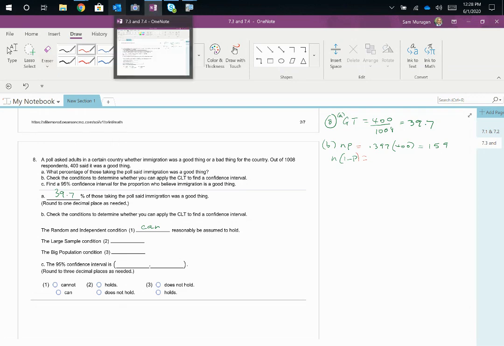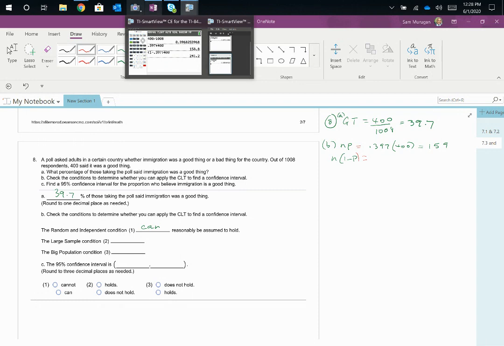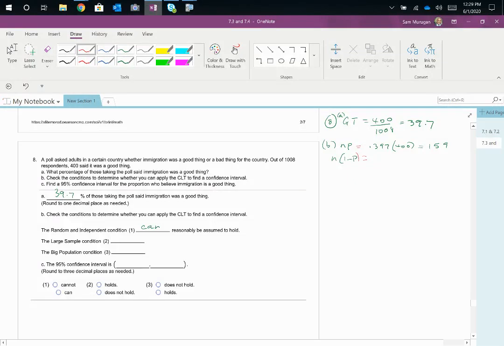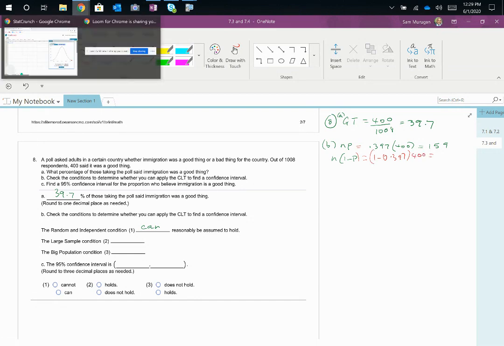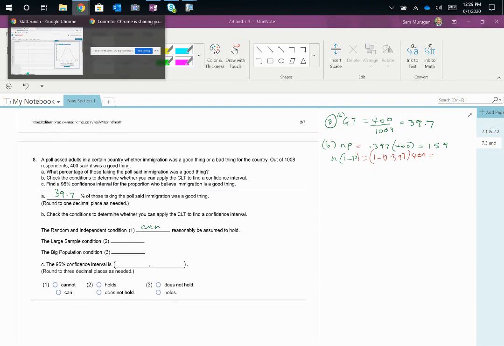Let me put back what I had here. Calculator, print out. Okay, 1 minus 0.397 times 400, and we got that number equal to 241.